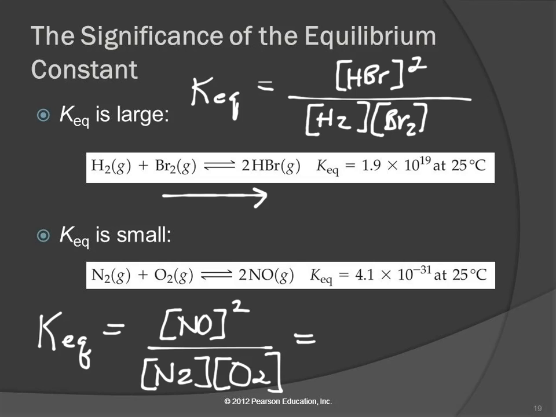So if this is equal to 4.1 times 10 to the minus 31, which is bigger, the top or the bottom? The bottom must be bigger in order for this to be such a small number. That means that for this reaction, it goes mostly in the reverse direction. The concentration of reactants at equilibrium is going to be higher than the concentration of the product. Does that make sense?